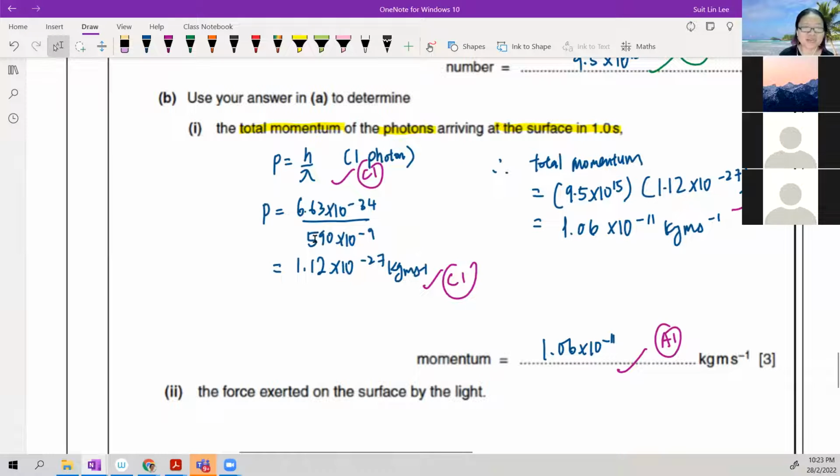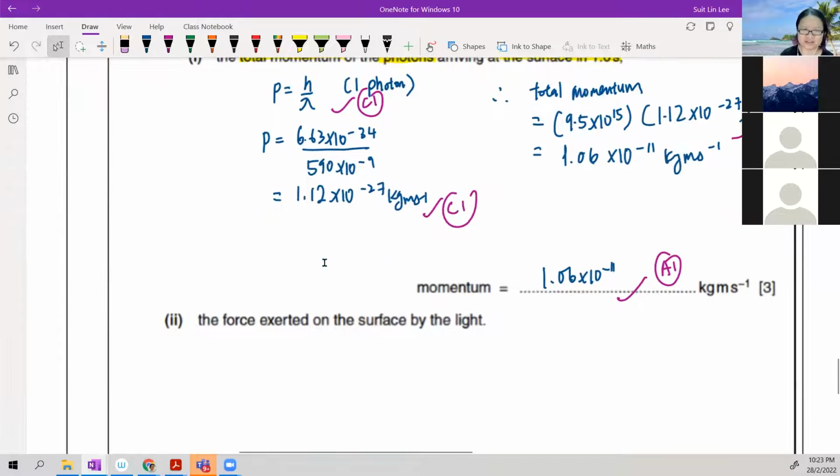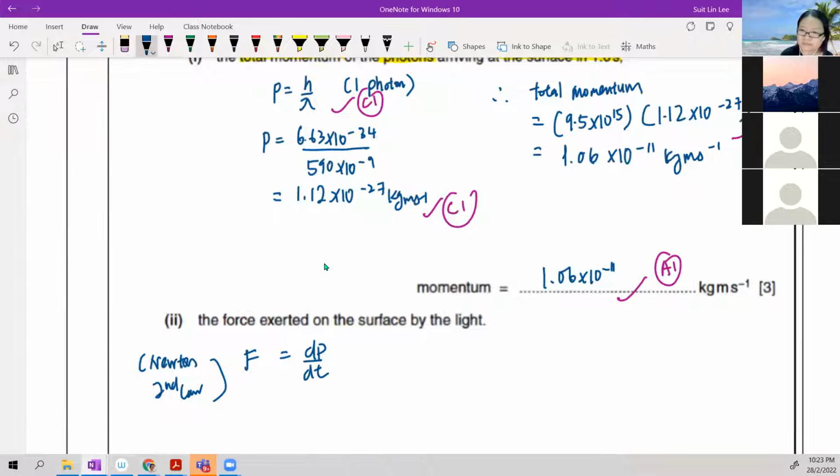Right, and finally, force exerted on the surface by the light. You know how once upon a time from Newton's second law, force is rate of change of momentum. So when the light is hitting the target, the metal target here, it has a momentum of 1.06 times 10 to the power negative 11.